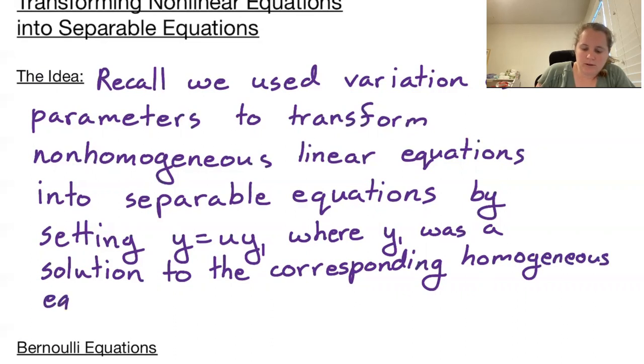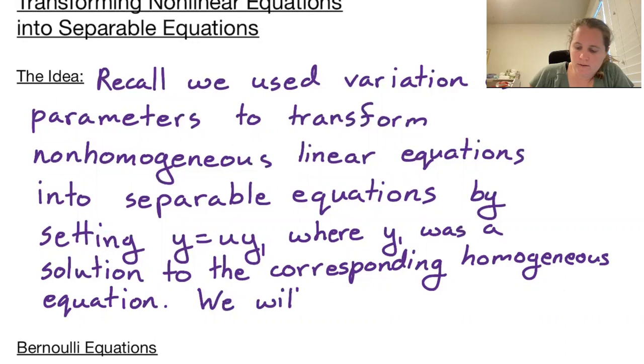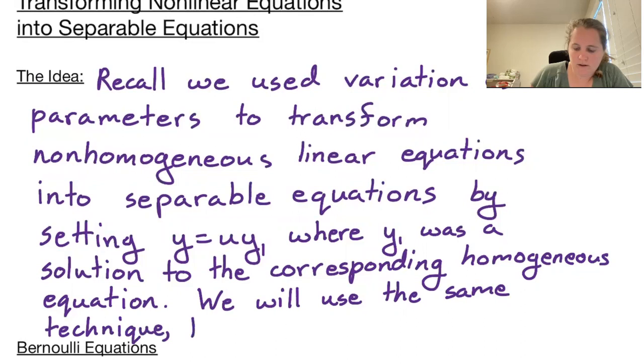So we're going to do something similar here, except the only problem is we don't have a corresponding homogeneous equation. So the question becomes, what do we use for y1? So we will use the same technique, but what do we use for y1?